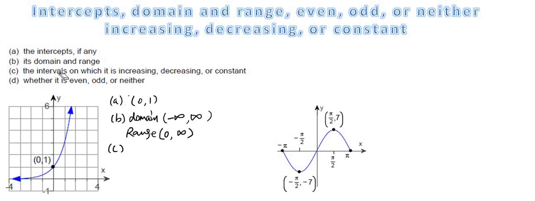So we're gonna draw an arrow from left to right, and we can find the curve always goes up. From left to right, the curve always goes up. So that means the curve is always increasing.